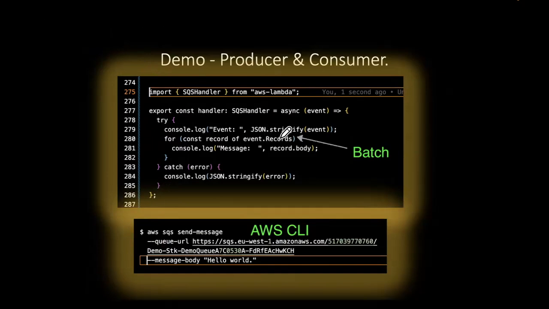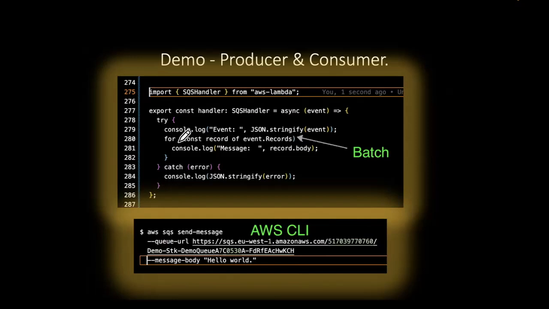The records property will be an array, and the array is going to be the batch of messages that were received from the queue. It's always going to be a batch, even though there may be only one message in the batch.